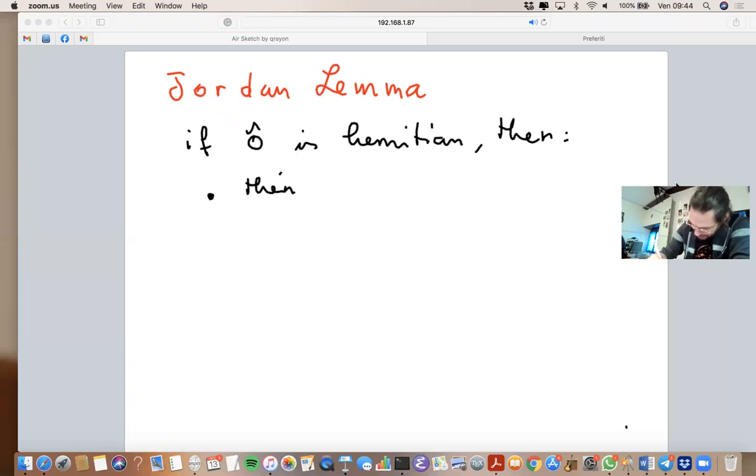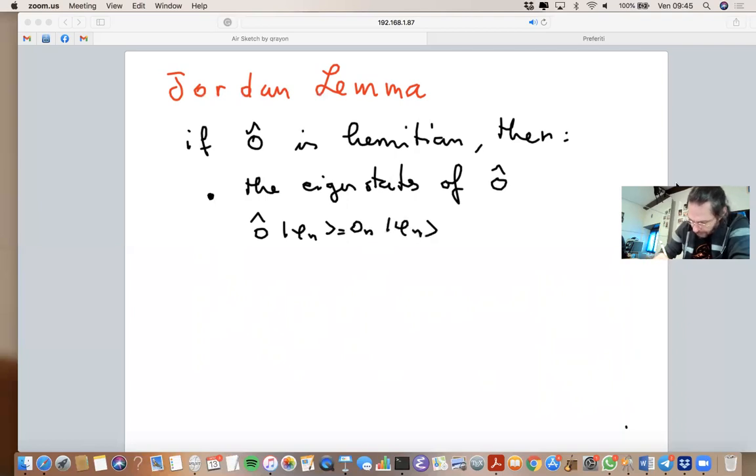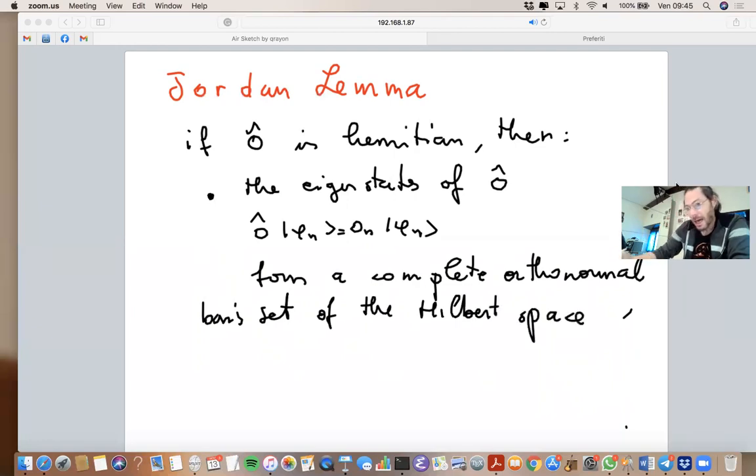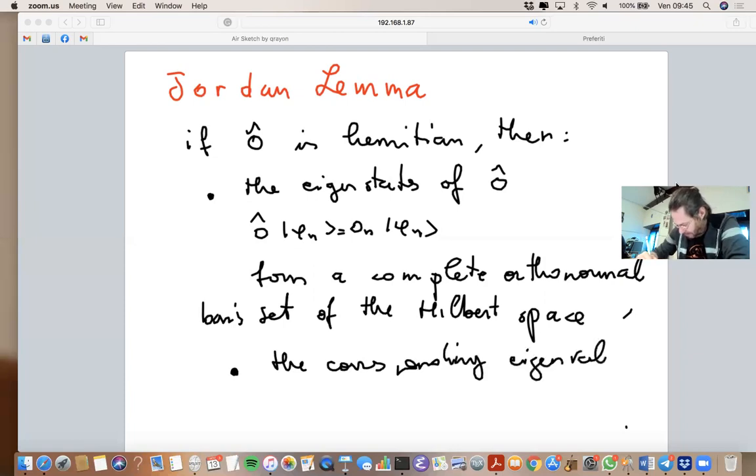The eigenstates of O, phi n with eigenvalues O n, form a complete orthonormal basis set of the Hilbert space, and two, the corresponding eigenvalues, or if you want the spectrum, are real.